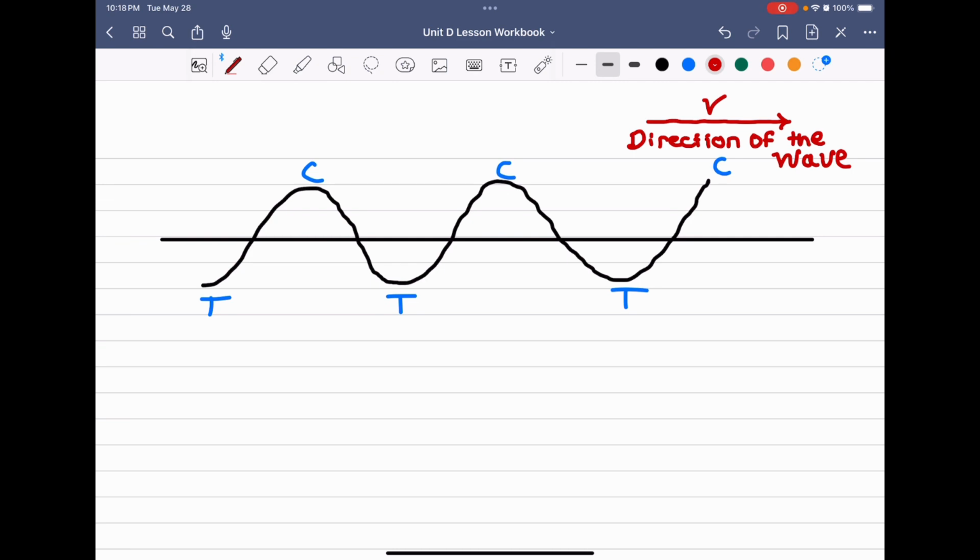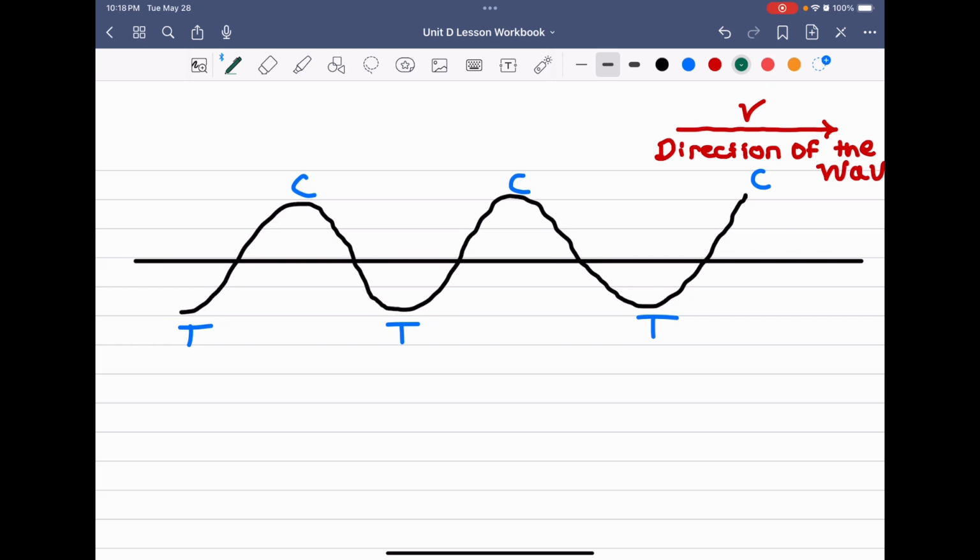Now, if this is the case, what they may ask you, and this is actually going to be linked in the description as a separate video that goes into this as well, is: how do we indicate, if a second or some sort of time passes, where the particles would be, given that the wave is continuously moving and we want to look at this a second later? If time passes by some margin, what we're going to do is write where the new wave would be.